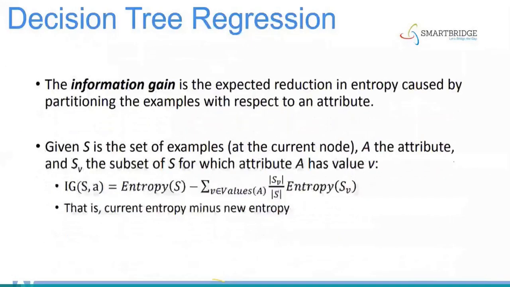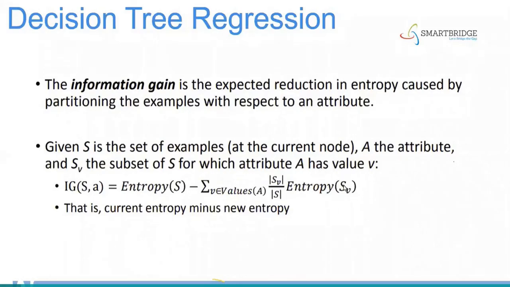The information gain is the expected reduction in the entropy caused by partitioning the examples with respect to an attribute. So the formula of the information gain is total entropy minus the sum of SV by S times entropy of SV. SV is nothing but the subset.